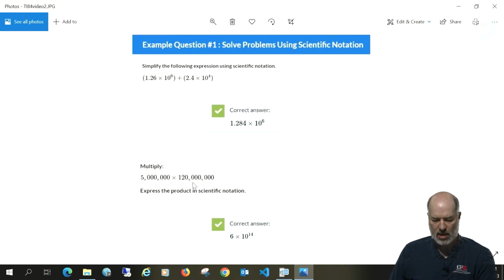In the next problem, I want to multiply two numbers. Now, these numbers are not written in scientific notation, but I want to give my answer in scientific notation. I want to multiply 5 million times 120 million. I could convert each of these numbers to scientific notation and then multiply them, or I could just multiply them as given and then convert my final answer to scientific notation.